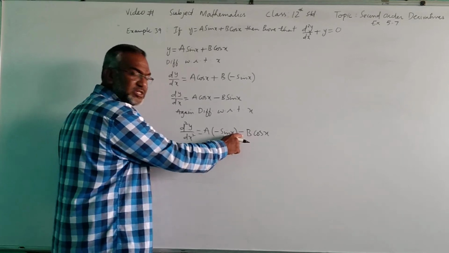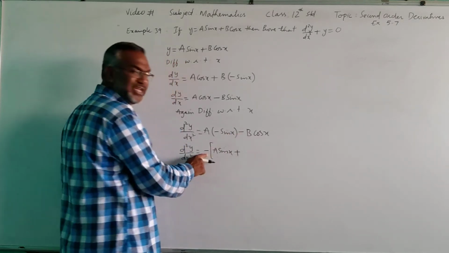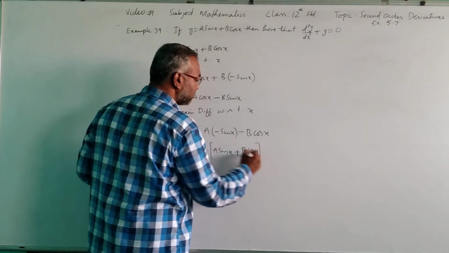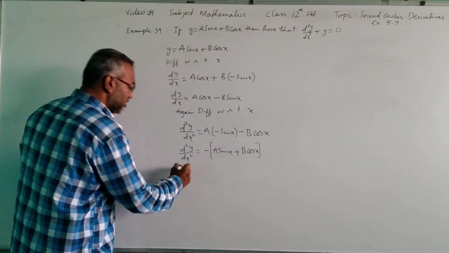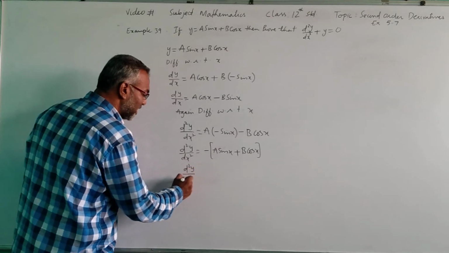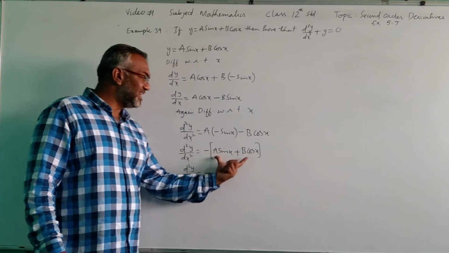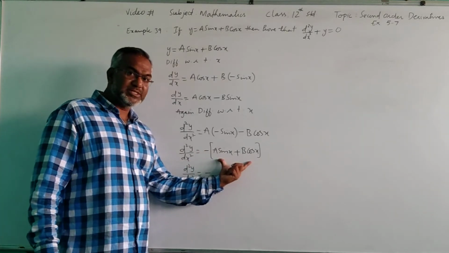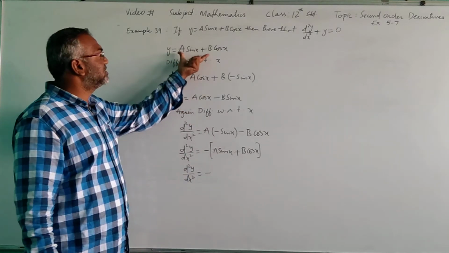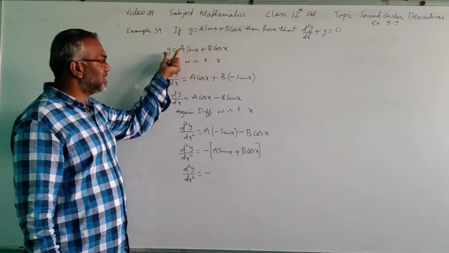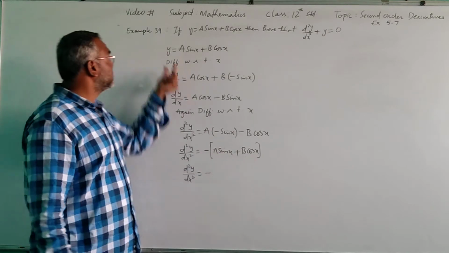Then this is also negative, it becomes positive because we are taking minus common, right? Plus b cos x. Right? Now, d square y by dx square is equal to minus, if you observe carefully, a sin x plus b cos x is the given equation, that is equal to y.